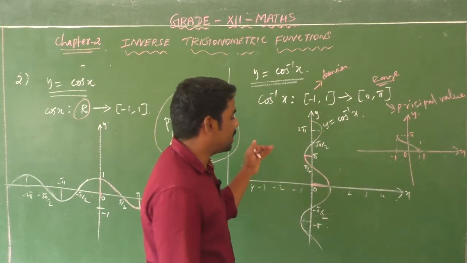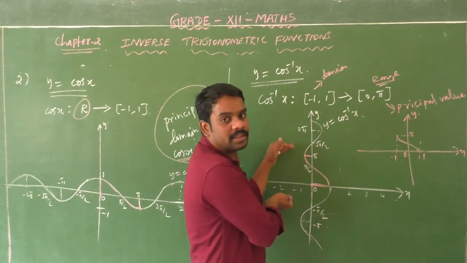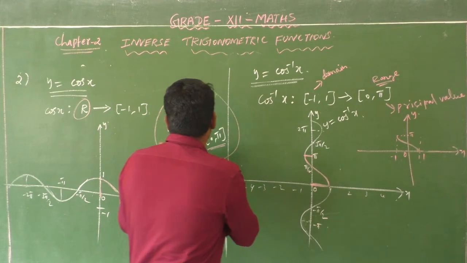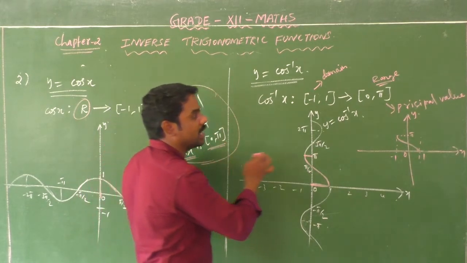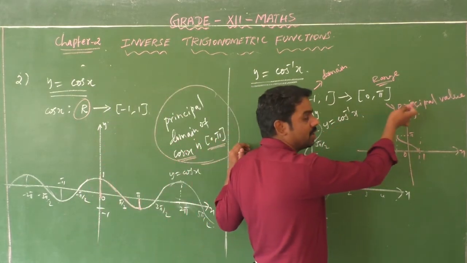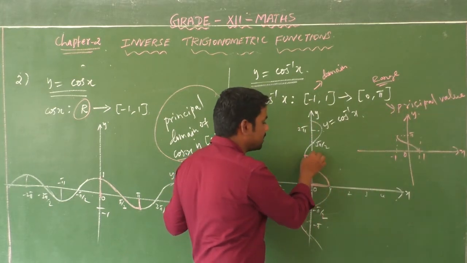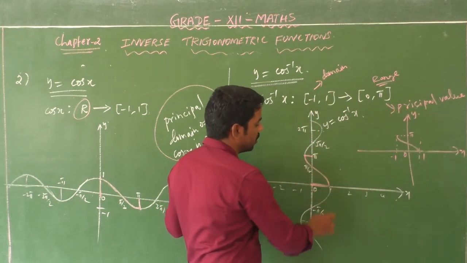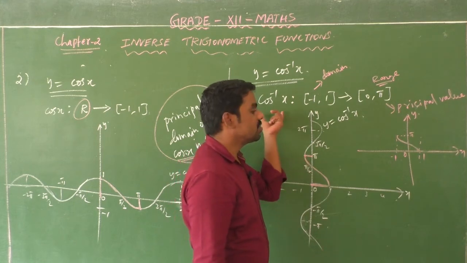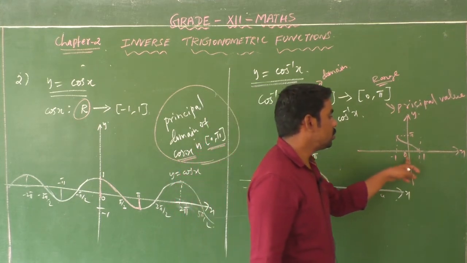So we restrict it to the principal domain 0 comma pi. Here 0 comma pi is the principal value. The domain is minus 1 comma plus 1. Therefore the graph of the function cos inverse x lies in 0 to pi.